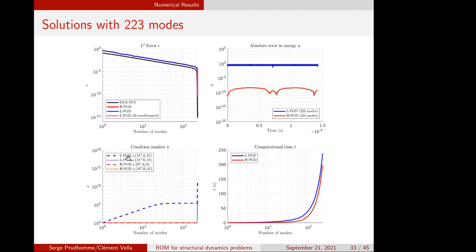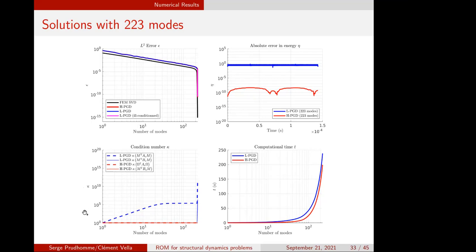In the updating process, we also started to observe that the condition matrix that we consider when we do this updating process behaved very differently. Here I'm showing the condition number of the matrix.